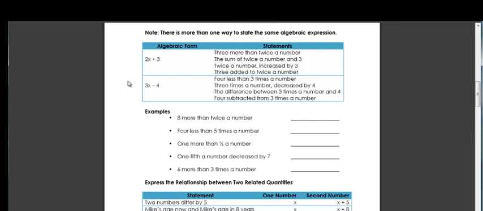This says 6 more than 3 times a number. So you have 6 more, which should be addition, and then you have 3 times a number, so that will be 3x. So this again can either be 3x plus 6 or 6 plus 3x, however you like.